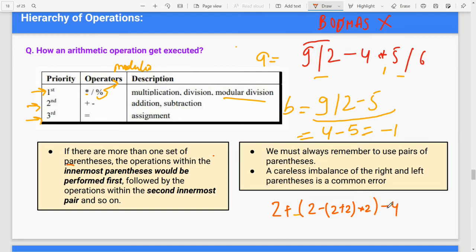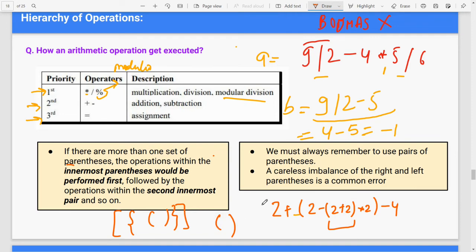This rule says that whatever is in the innermost bracket, the innermost parenthesis, gets computed first. In the programming world, this bracket, or this one, or this bigger bracket, are all termed parentheses. For the sake of simplicity, just understand that parentheses means bracket.